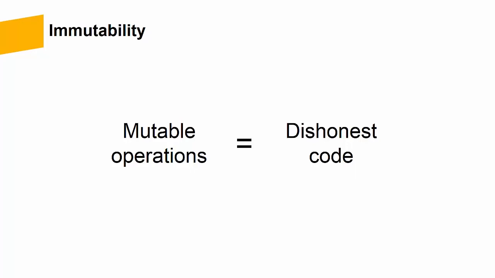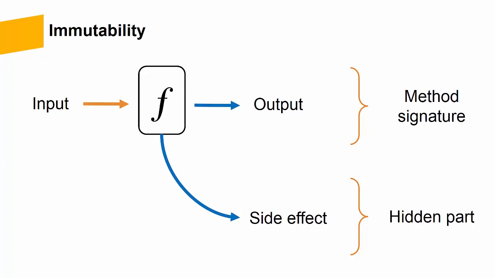The method no longer conveys the full range of its possible outcomes in its signature, because it hides one of the components of that outcome in a side effect. And that hinders our ability to reason about the code, because we cannot possibly tell what the method does without diving into its implementation details. So what we have here is basically this. We have a visible part, which is encoded with the method signature and consists of input and output. And we also have a hidden part, which is the side effect itself. And the side effect is a problem.